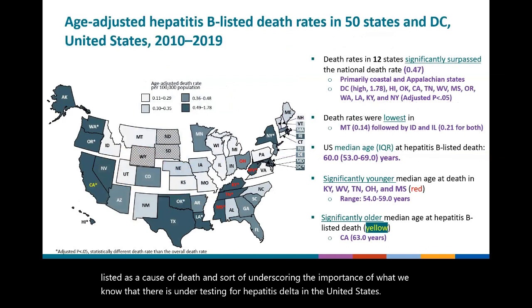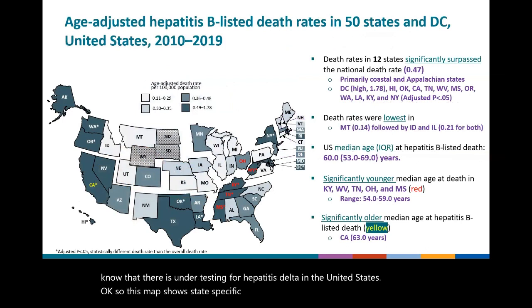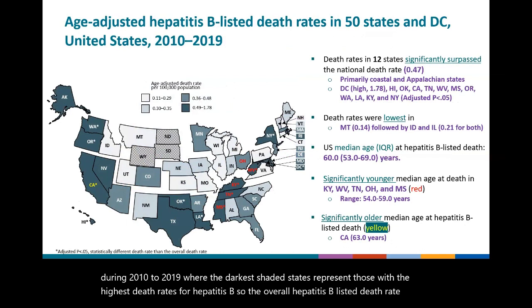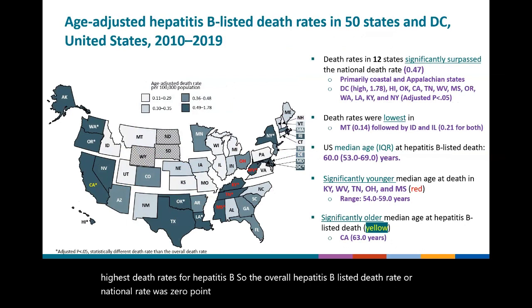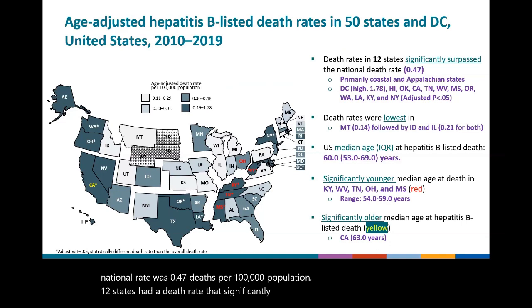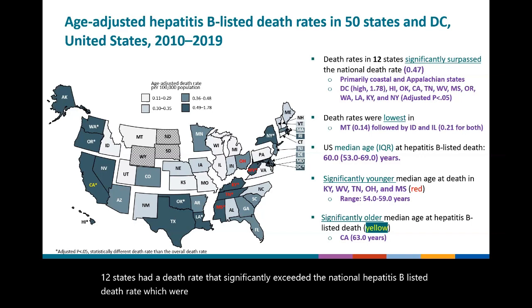Okay, so this map shows state-specific age-adjusted hepatitis B listed death rates during 2010 to 2019, where the darkest shaded states represent those with the highest death rates for hepatitis B. So the overall hepatitis B listed death rate, or national rate, was 0.47 deaths per 100,000 population. 12 states had a death rate that significantly exceeded the national hepatitis B listed death rate, which were primarily concentrated along the coastal and Appalachian regions.